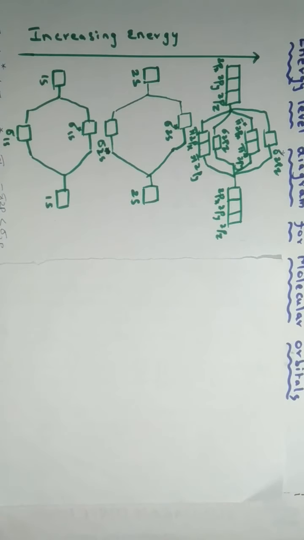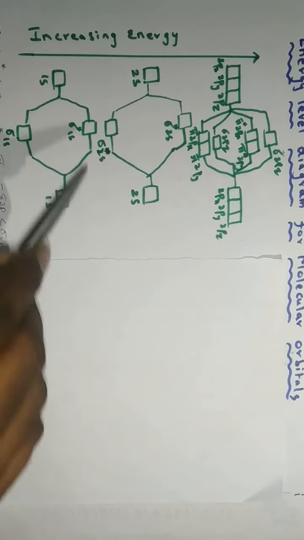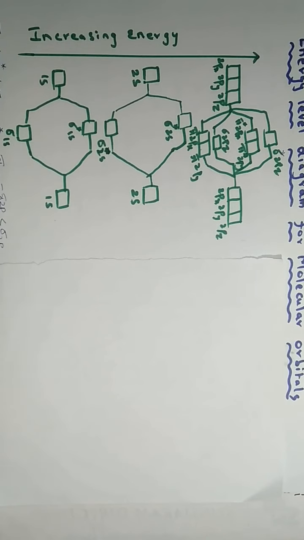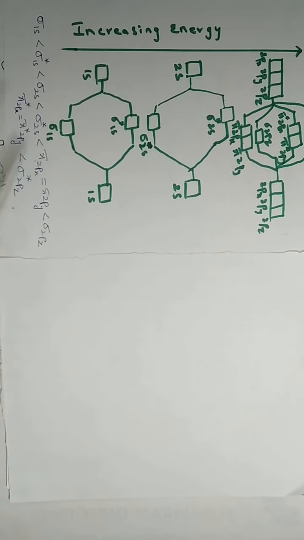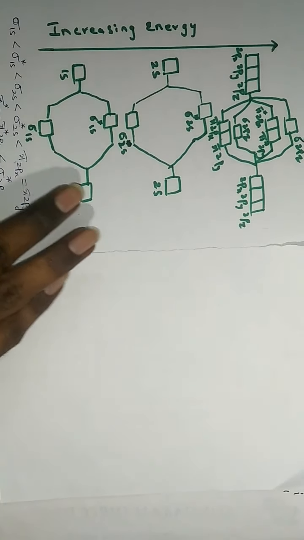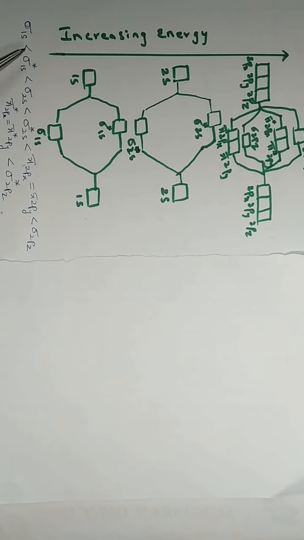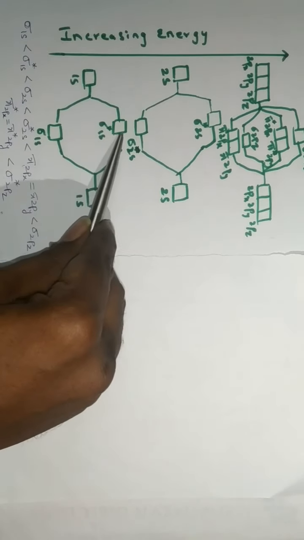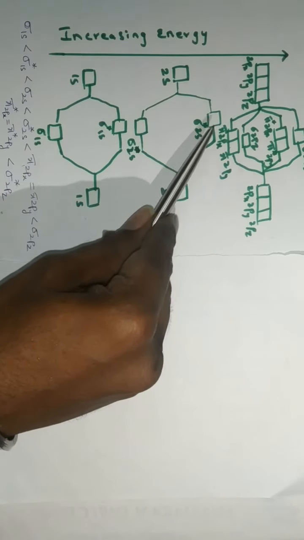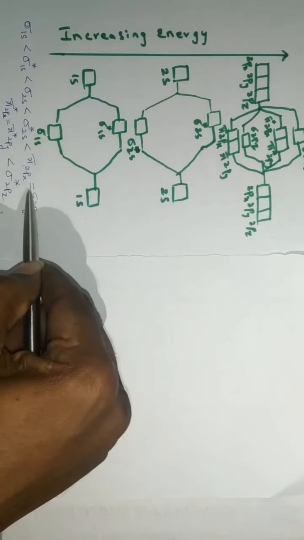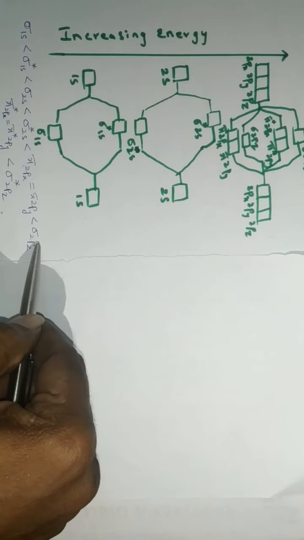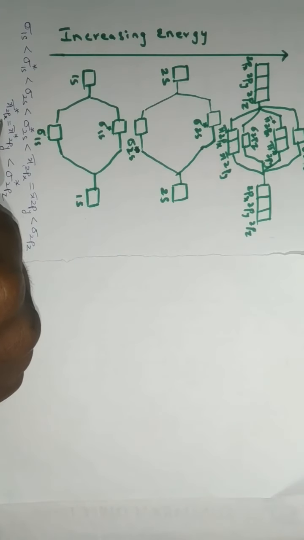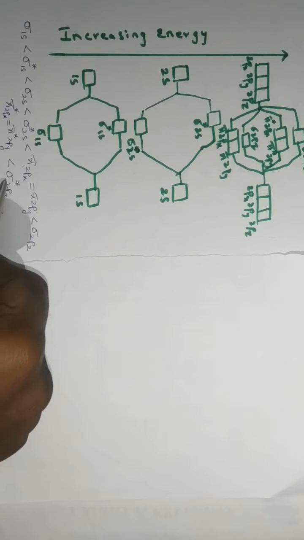Thus, this is the increasing order of molecular orbitals for homonuclear diatomic molecules from hydrogen to nitrogen: sigma 1s, sigma star 1s, sigma 2s, sigma star 2s, then pi 2px equal to pi 2py because their energies are equal, then sigma 2pz, then pi star 2px equal to pi star 2py, then sigma star 2pz.